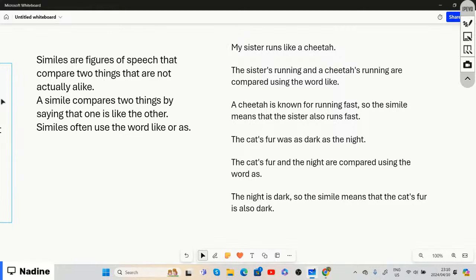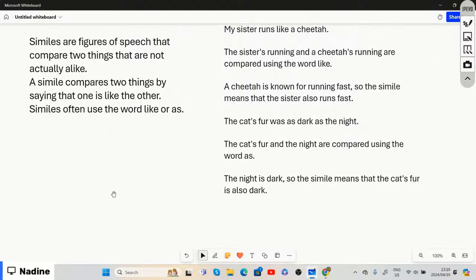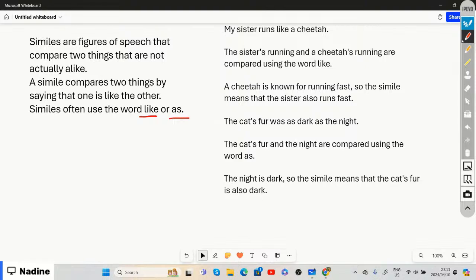A simile compares two things by saying that one thing is like the other thing, and we use words like "like something" or "as something" to compare these two things. That is why we use the words like or as, to compare the figures of speech.